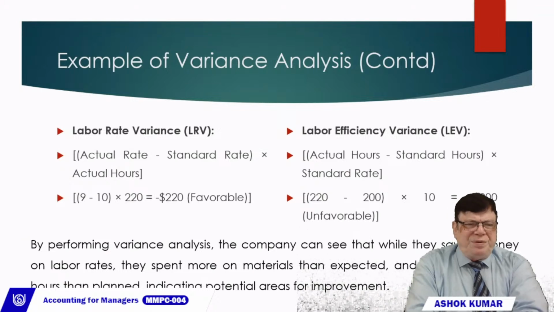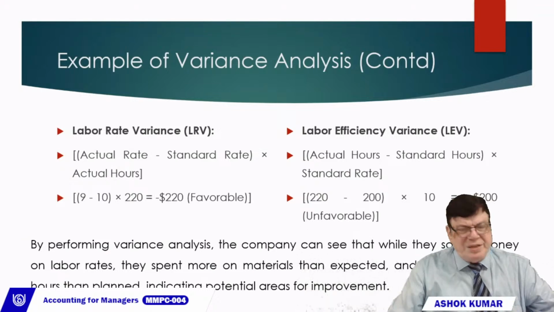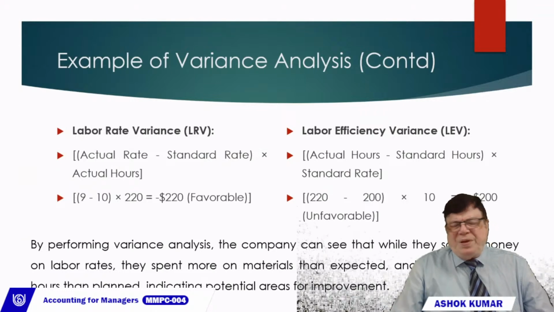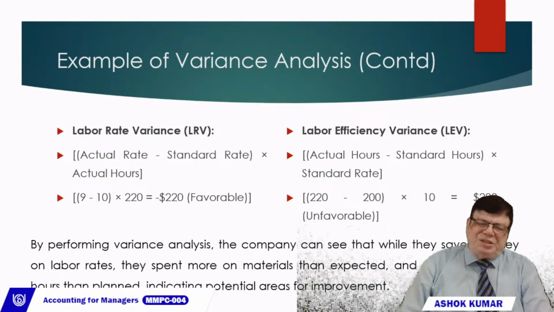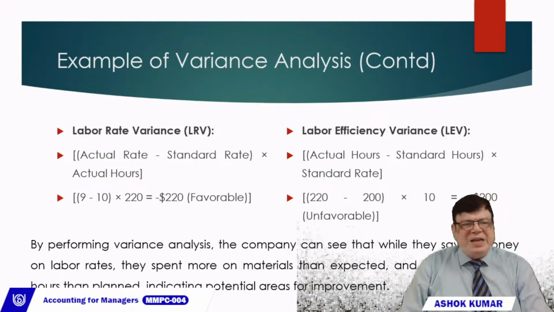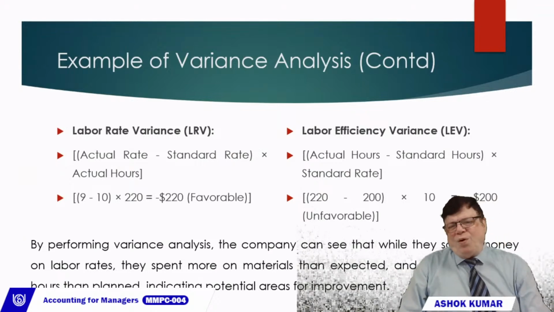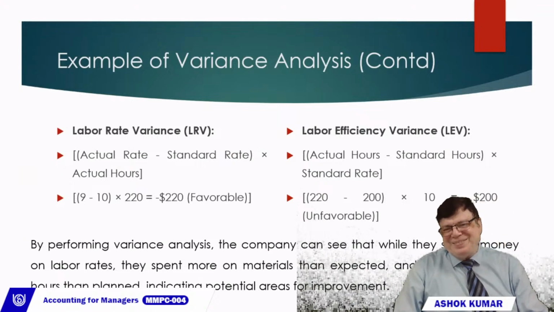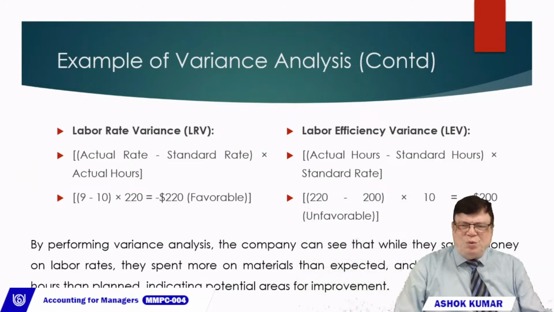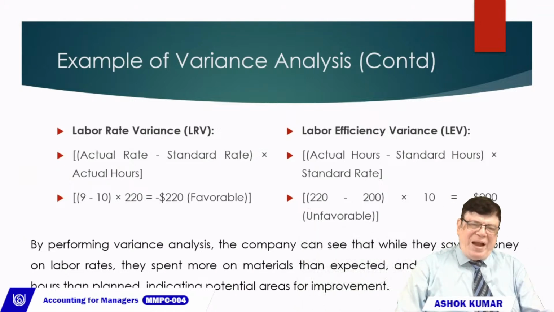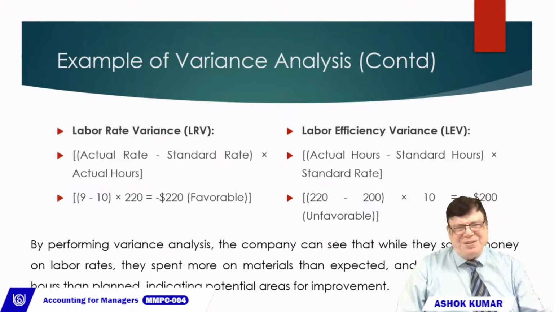By performing variance analysis, the company can see that while they saved money on labor rates, they spent more on materials than expected and used more labor hours than planned, indicating potential areas for improvement.